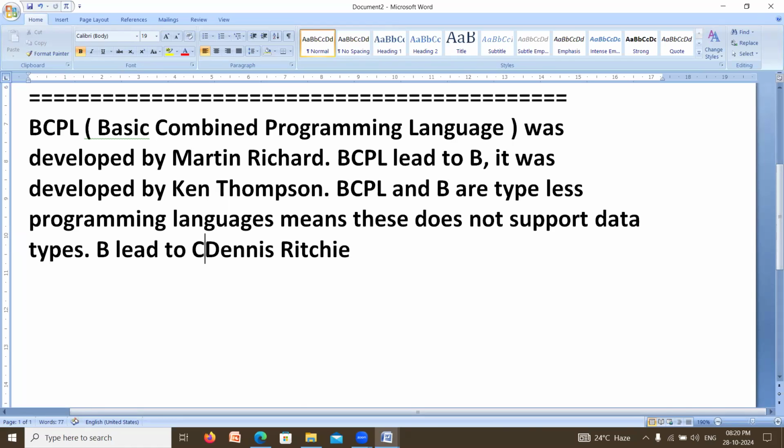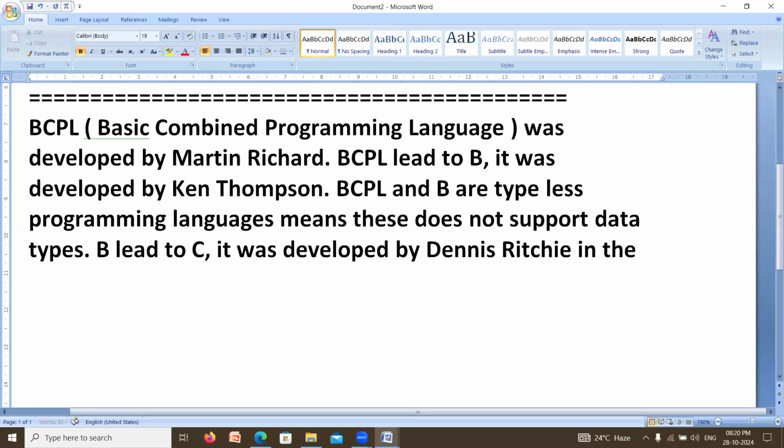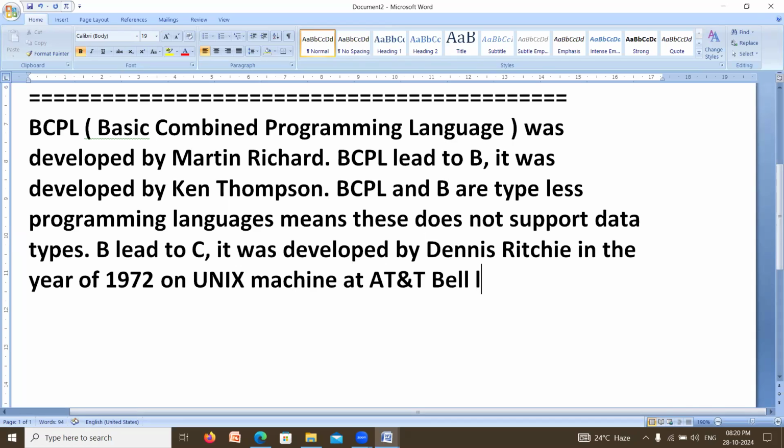It was developed by Dennis Ritchie in the year 1972 on a computer having the Unix operating system, a Unix machine, at one laboratory. The laboratory name is AT&T Bell Laboratory.